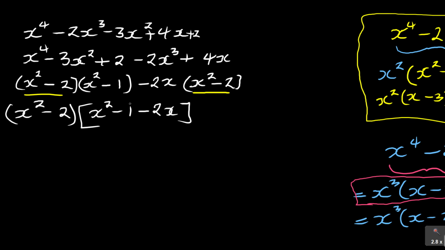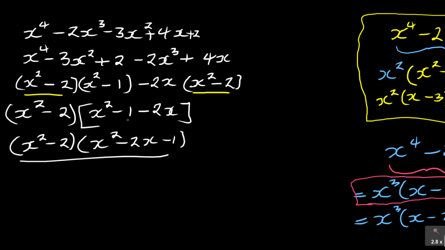It's good when it was in brackets like this, but I think it's still the same. I'm tempted to do it like this: x squared minus 2, and then you rearrange, x squared minus 2x minus 1.